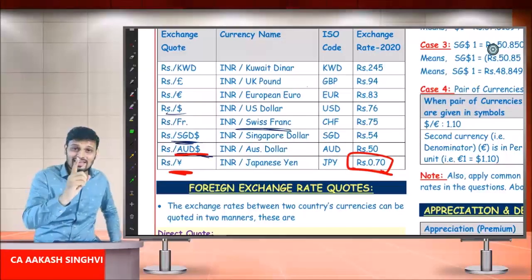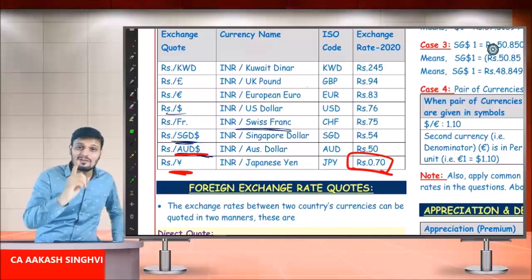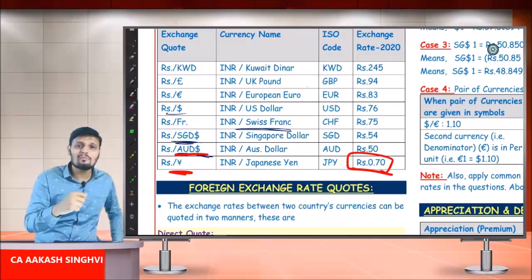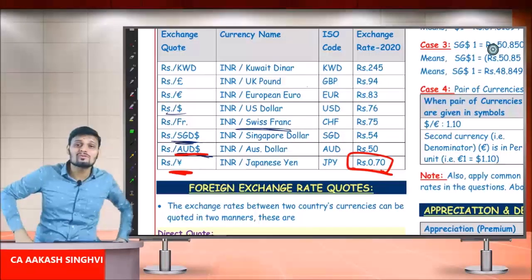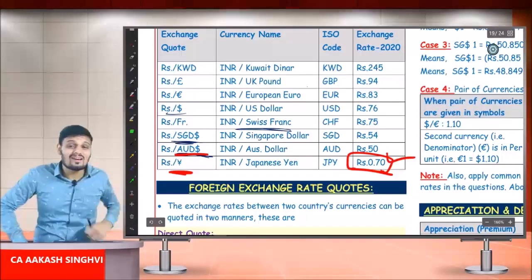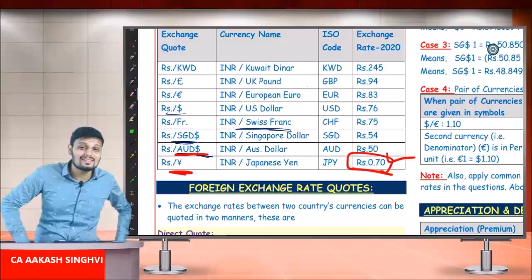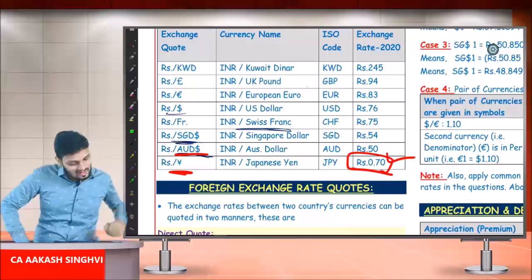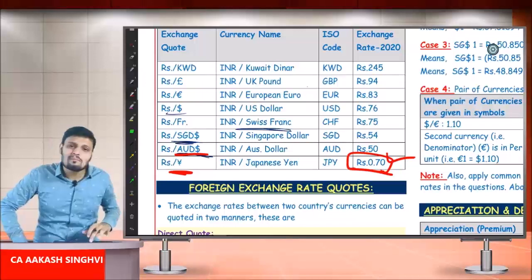So if you want to go to Japan and buy 1 unit of Japan's currency, how much do you need to pay? 0.70 rupees only, not even 1 rupee. So if ICAI ever wants to test your currency knowledge, they will definitely ask you a question on the Japanese yen.